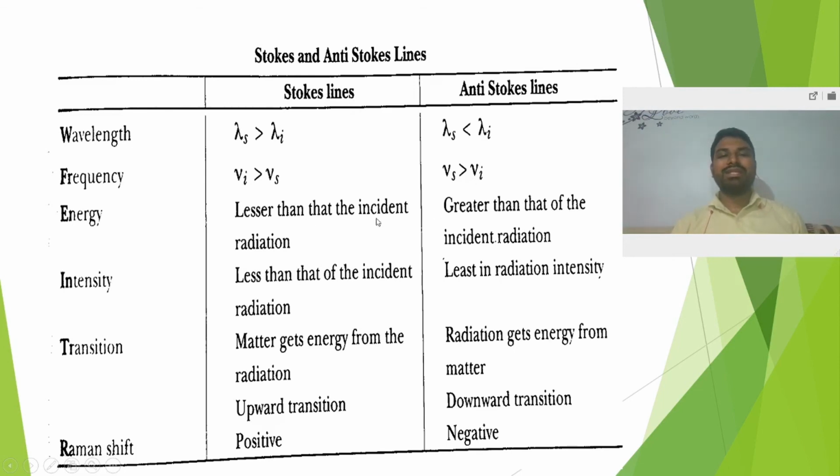Energy will be lesser than that of the incidence radiation, and over here it will be greater than that of the incidence radiation. Intensity is less than that of the incidence radiation, and least in the anti-Stokes line. In Stokes, matter gets energy from radiation, and in anti-Stokes, radiation gets energy from matter. Raman shift for upward transition will be positive, and over here in the anti-Stokes line, downward transitions will be negative.